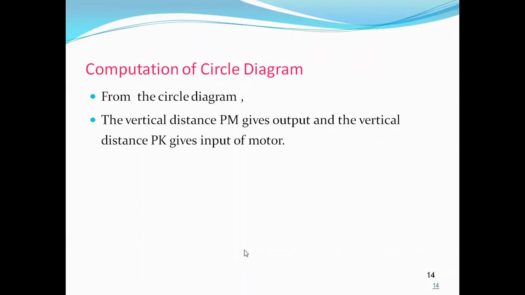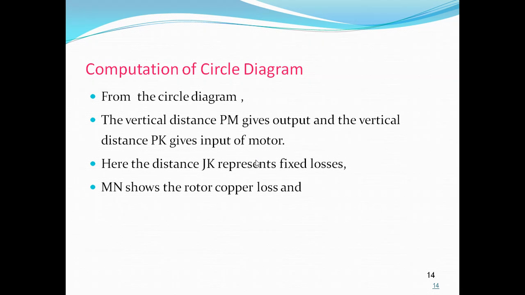So from this circle diagram, the vertical distance PM gives the output, and the vertical distance PK gives the input of the motor. Here the distance GK represents fixed losses, as I told.